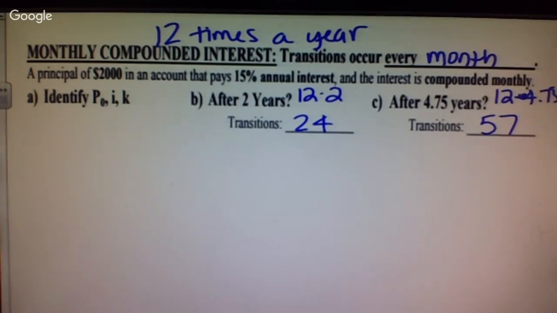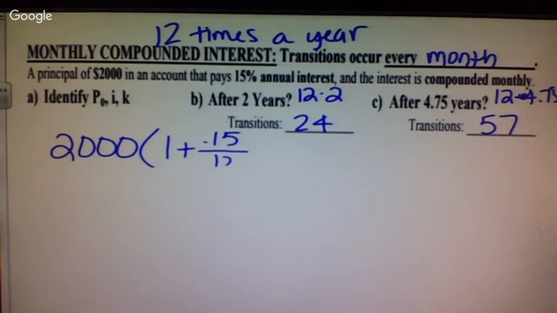Okay, so again, when you plug it in, you can raise it to the 24, you can raise it to the 57, or you can raise it to the 12 times 2, 12 times 4.75. So my initial amount is 2,000. 1 plus, what's my percentage look like as a decimal? 0.15, and it's happening 12 times a year, so I divide by 12 this time.